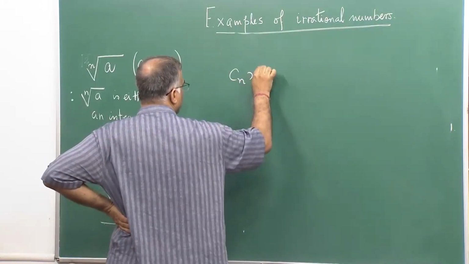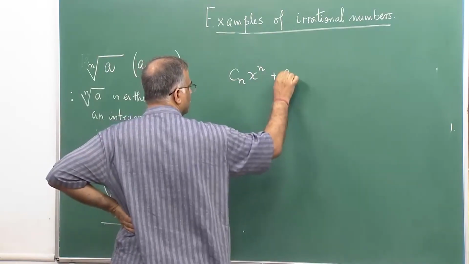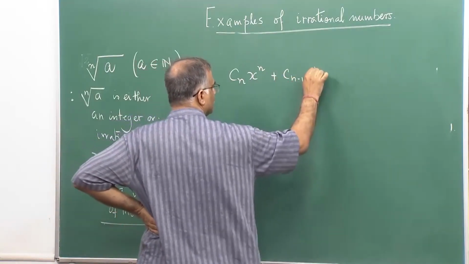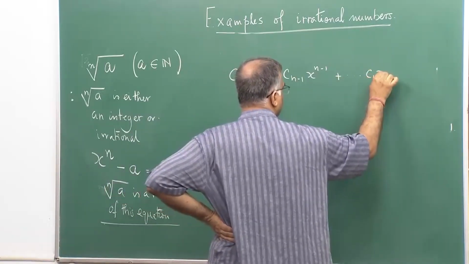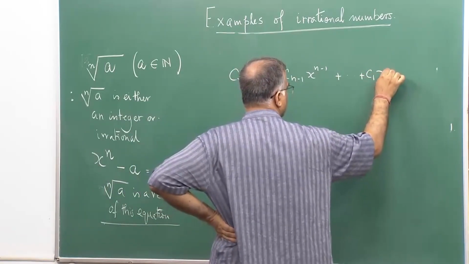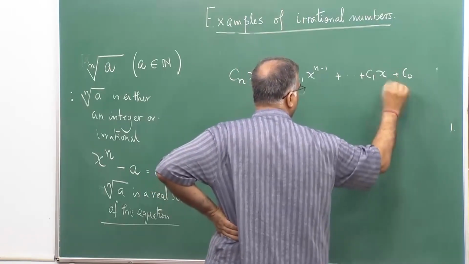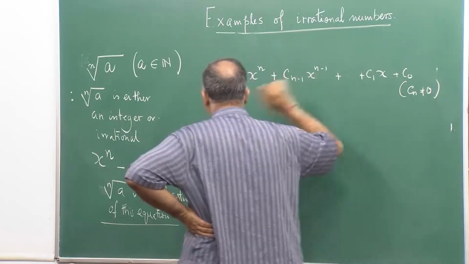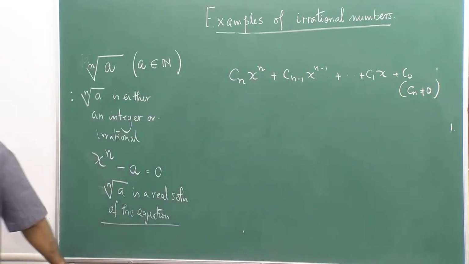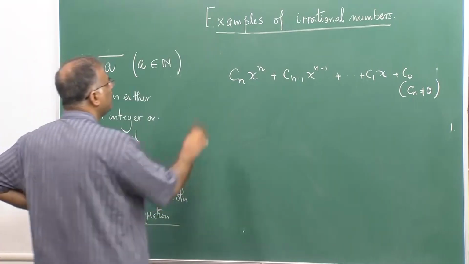So, a polynomial of degree n. The power progressively goes down to C1 x to the power 1 plus C0, and Cn is not equal to 0, because if Cn is 0, then it becomes a polynomial of degree n minus 1. It is a polynomial of degree n.